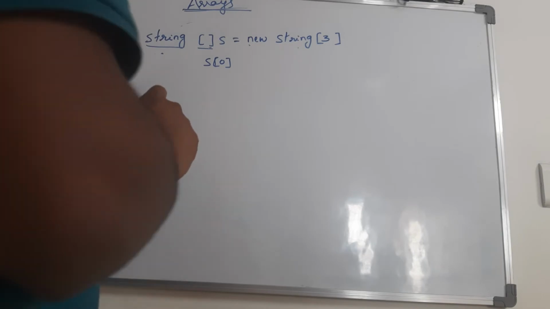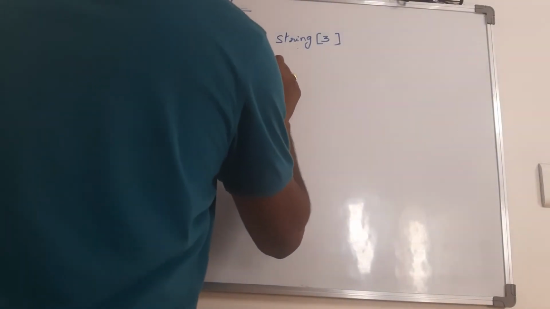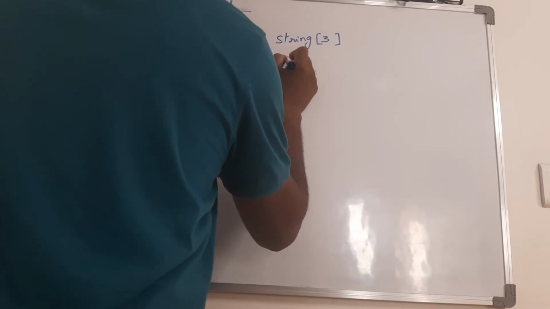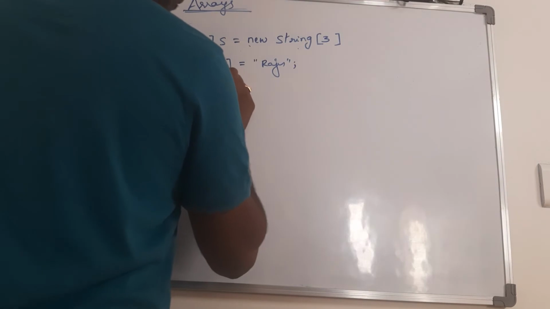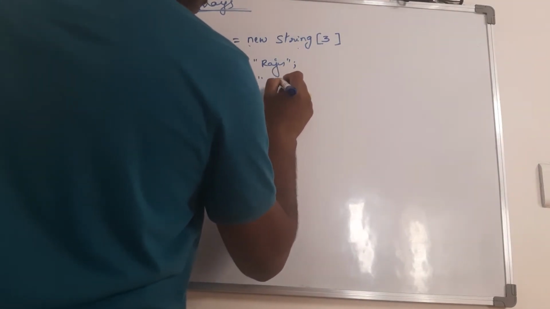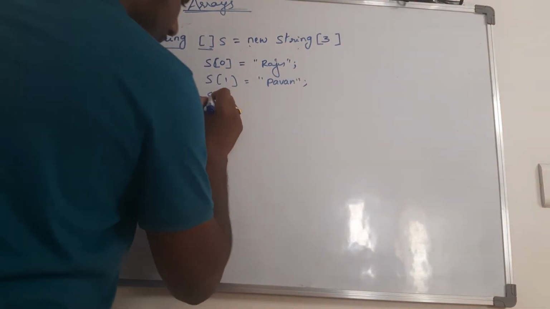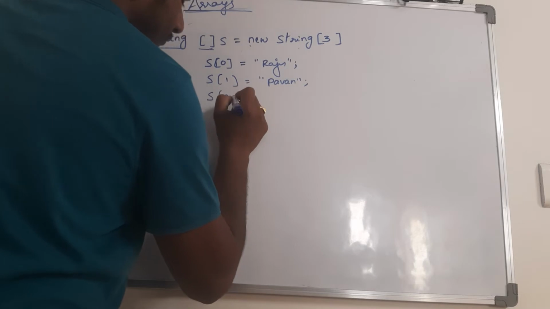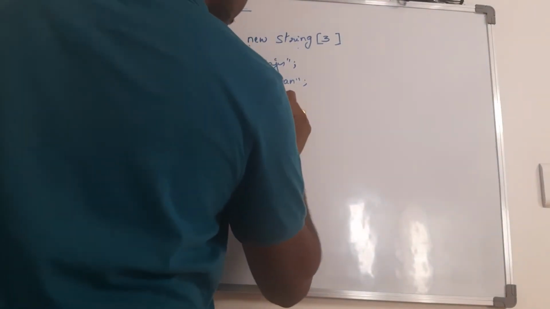S of 0, Raju. Okay. S of 1, Pawan. S of 2, Bhaskar.